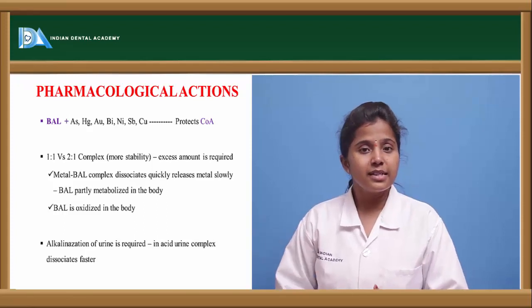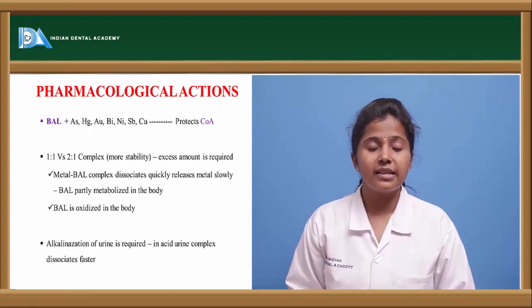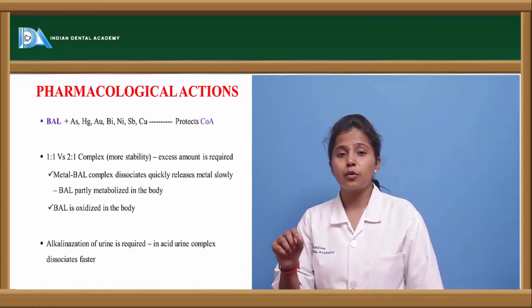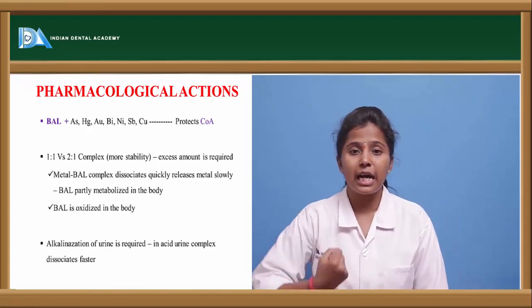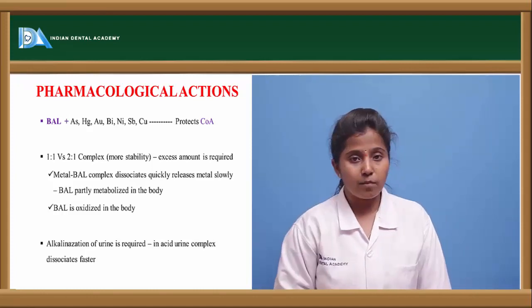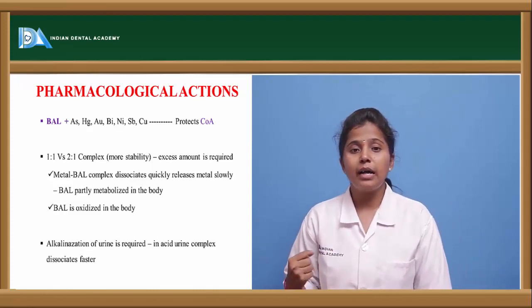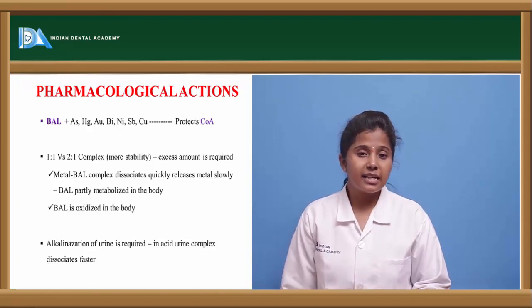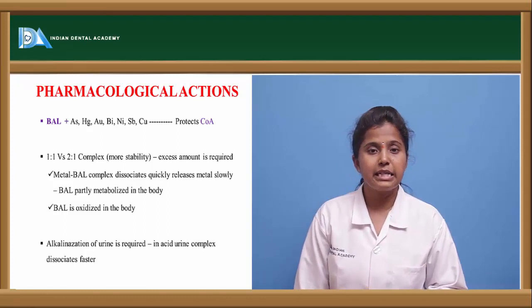If the urine is in an acidic state, because of the protons present in the acidic urine, it can't be excreted in the urine because it takes the protons from the urine and forms another newer complex. So it is very difficult to eliminate it in the urine if the urine is acidic. So alkalinization of the urine is necessary for DIMERCAPROL to be excreted out of the body.